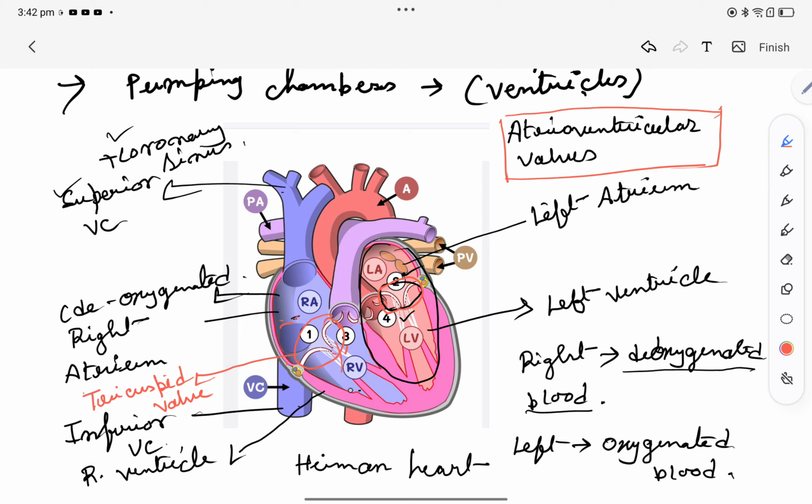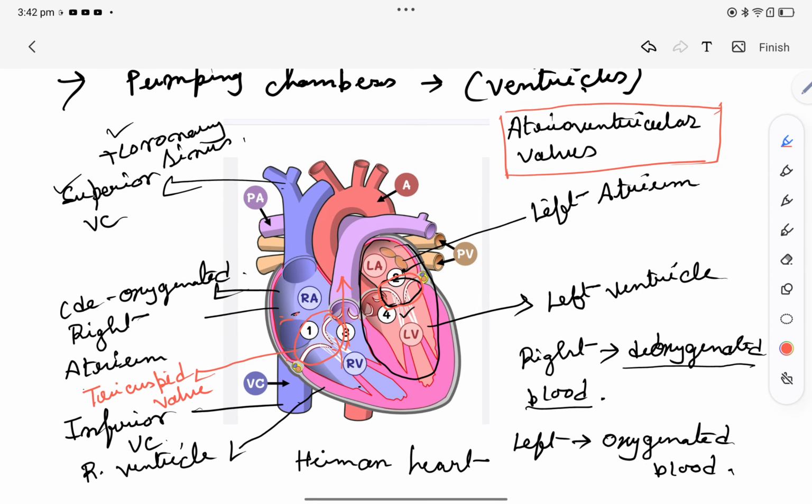Once it reaches the right ventricle, from the right ventricle the blood goes to the pulmonary arteries. Okay, so this one is pulmonary artery. These two are pulmonary arteries, this one and this one. They go to both lungs.